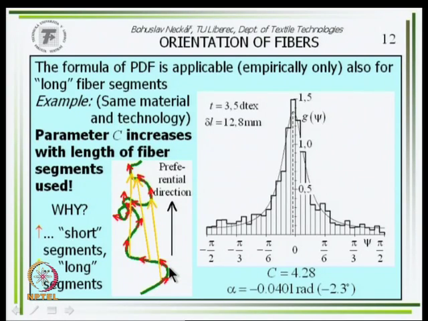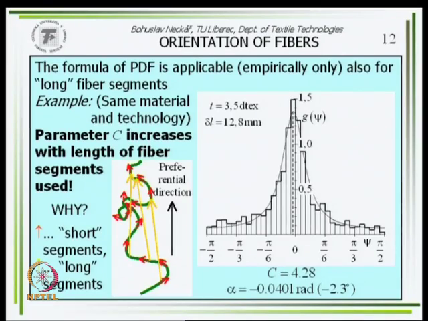The direction of long fiber segments is shown through yellow arrows here. You can see that they are near to the longitudinal position, but the set of short fiber segments is illustrated through short red arrows, and you can see that it is not so.